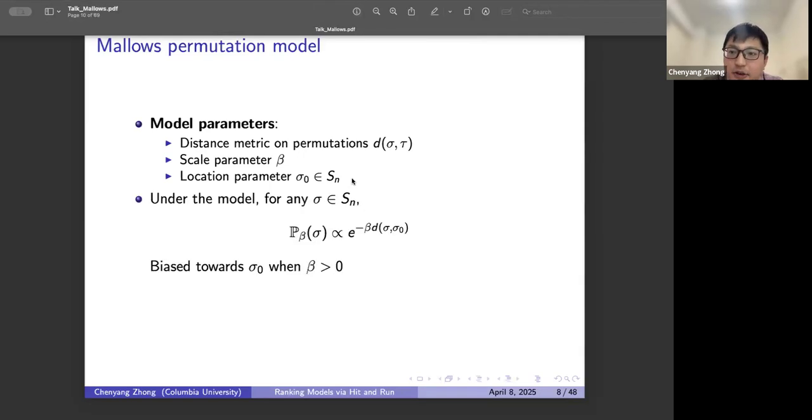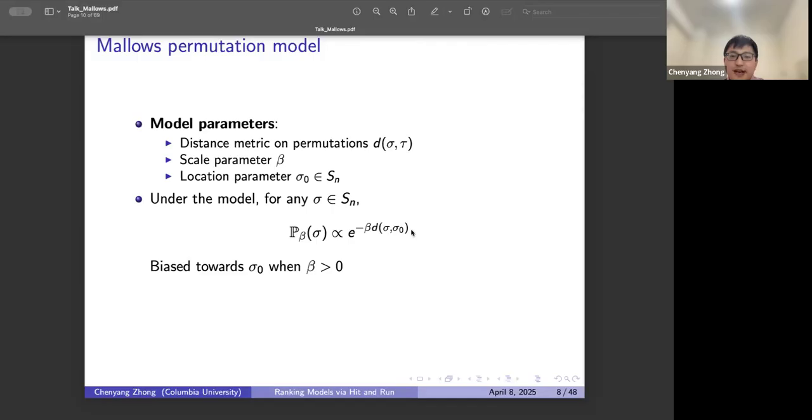And given those model parameters under the Mallows permutation model, the probability of picking a certain ranking sigma, which is a permutation of 1 up to n, would be specified by this exponential family. It's proportional to e to the power of minus beta times d(sigma, sigma 0), where d is the distance metric that we specify beforehand, and sigma 0 is the central permutation.